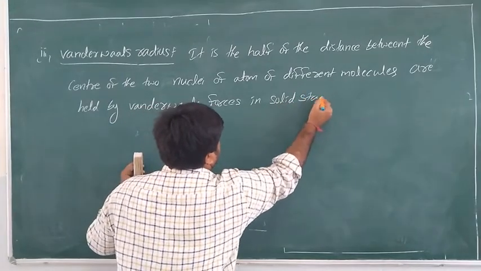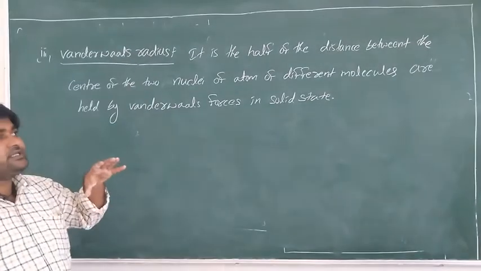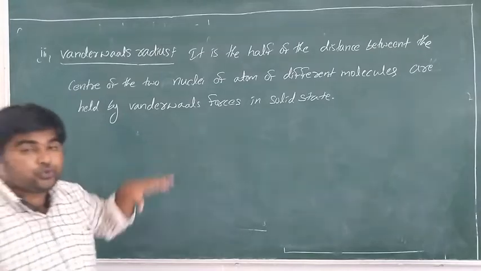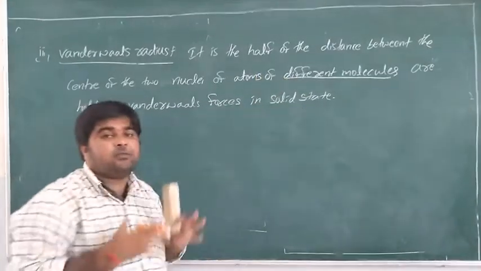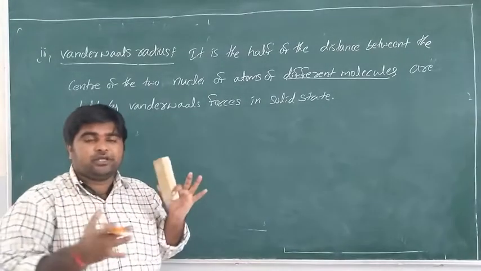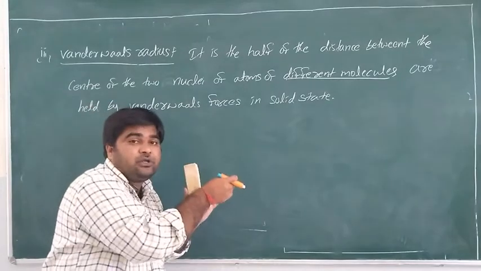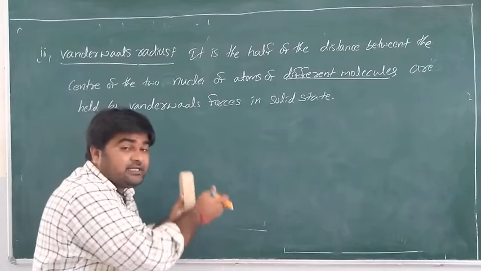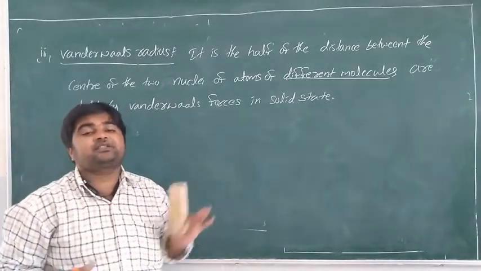Between the molecules, it is one molecule and another molecule. So one nucleus of one molecule and another nucleus of another molecule, half of that distance is called van der Waals radius in solid state.